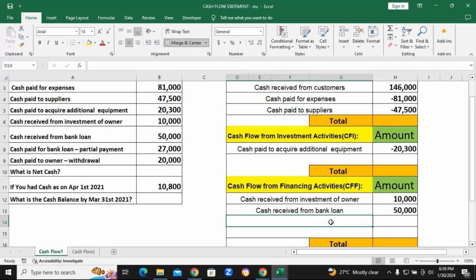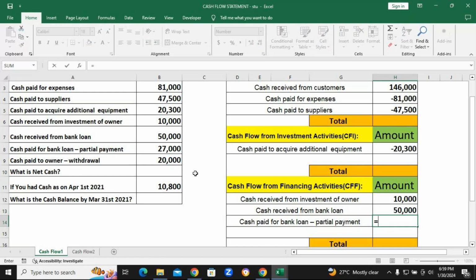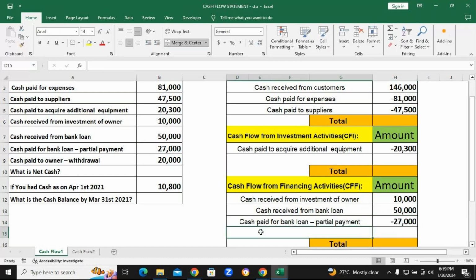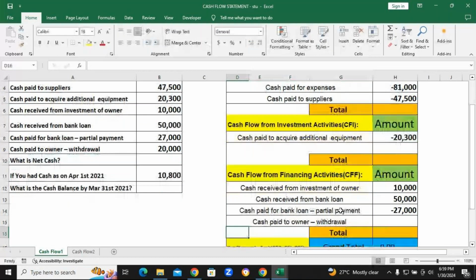Next, cash paid for bank loan, so I am making a partial payment to the bank, so money is going out of the business, so minus 27,000. Then here cash paid to the owner, so cash paid, that is again a minus value, money is going out of the business.